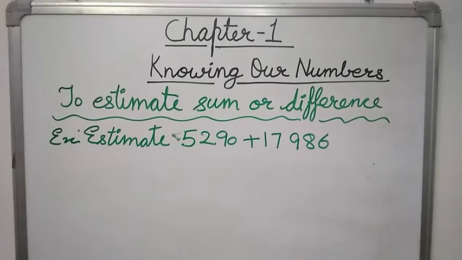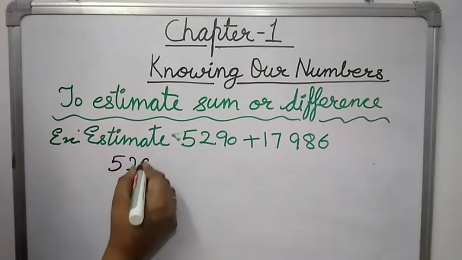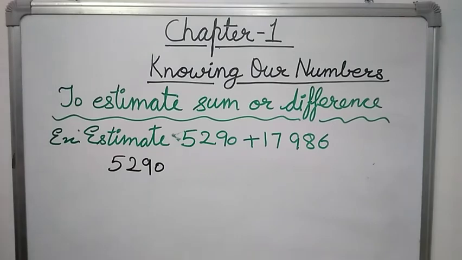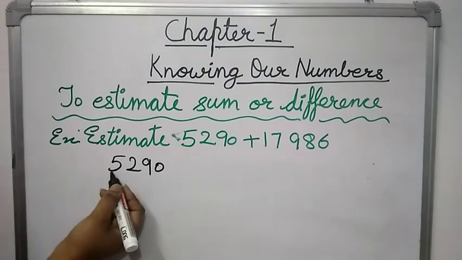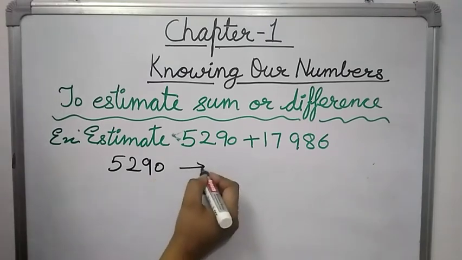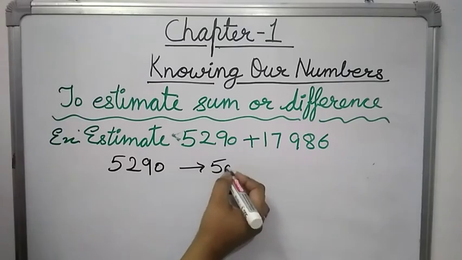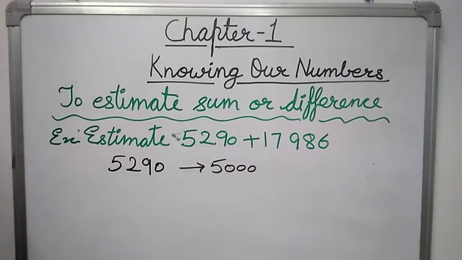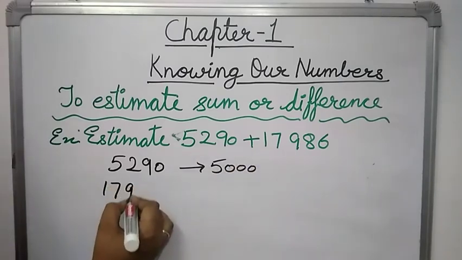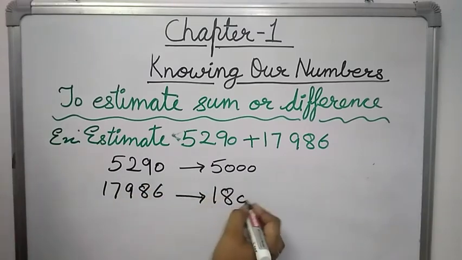For estimating the sum of these two numbers, firstly we will estimate 5,290. We can see 5,290 is near to 5,000, and this 17,986 is near to 18,000.